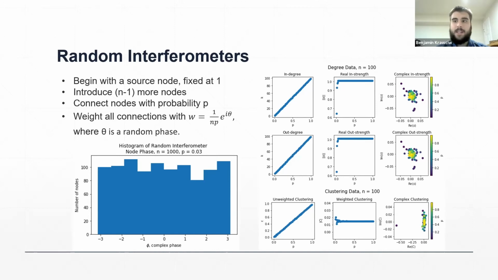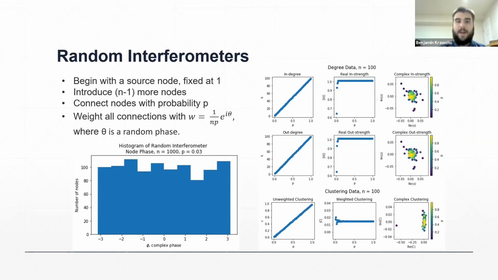And then my complex number measures converge to 0 because of that effect I mentioned before, where they have random phases and so they cancel out. For the clustering coefficient, we see similar stuff, where there's just a straight proportionality for the unweighted version. The real version just converges to a constant value, and then the complex version converges to 0.